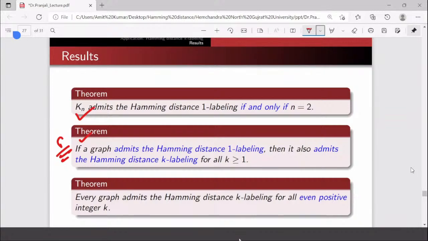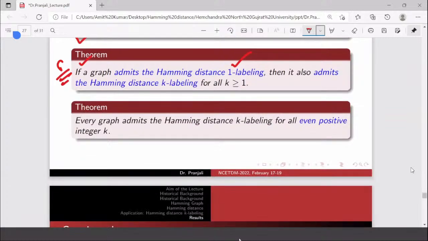So if we prove that the cycle graph admits the Hamming distance 1 labeling, then it also admits the Hamming distance 2 labeling, 3 labeling, and so on. In fact, every finite graph admits Hamming distance 2 labeling, and by using that, we have also proved that every graph admits the Hamming distance K labeling for all even positive integers.